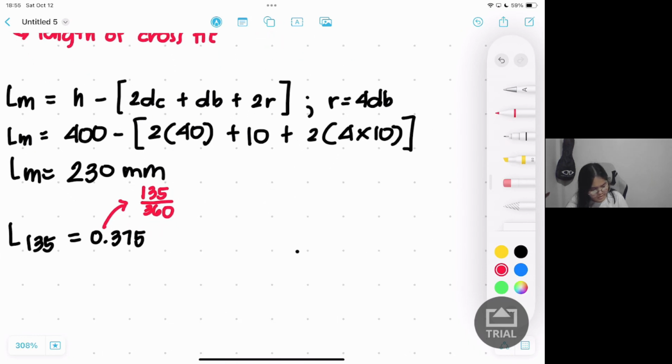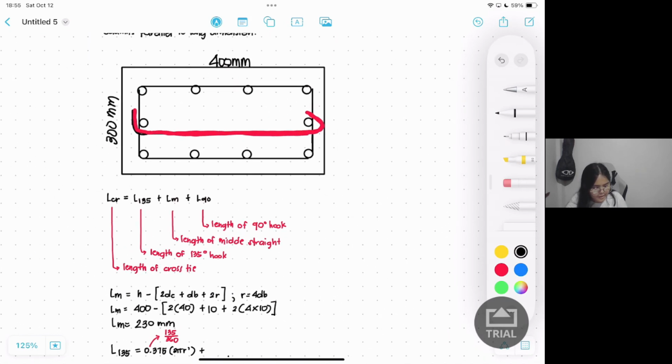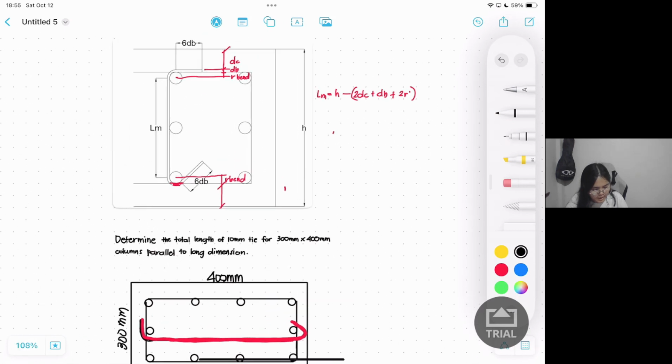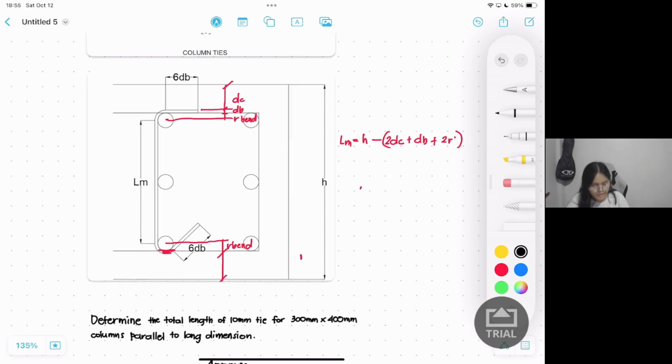Okay? So, ang circumference, multiply natin sa 2 pi r prime plus yung extension niya. Okay? Again, may corresponding extension yan na. And sabi dito, same na 6 dB yung extension niya.